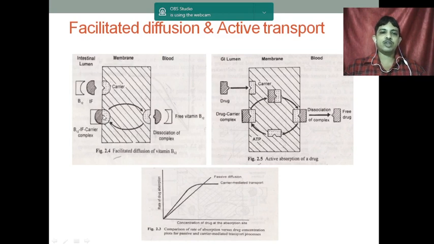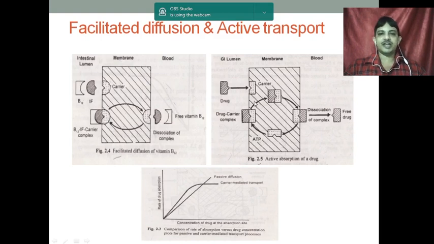After binding, it is transported through the membrane with the carrier, and after the transportation there will be dissociation, and the drug or substance will be free.